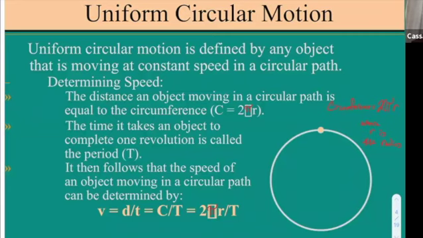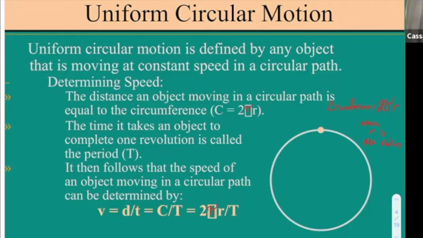Okay, so determining speed. So we know that our formula for velocity is distance over time. And so if an object is traveling in a circular path, it's traveling the whole circumference of a circle. So if you think all the way back to when we first learned about the formulas for circumference, radius, all that stuff, you have your radius here, and then it sweeps out the circumference, right?